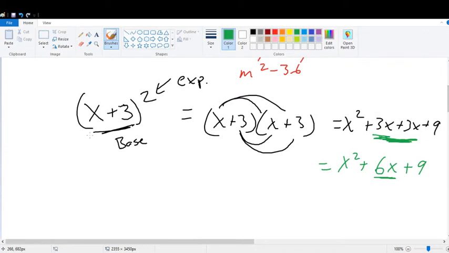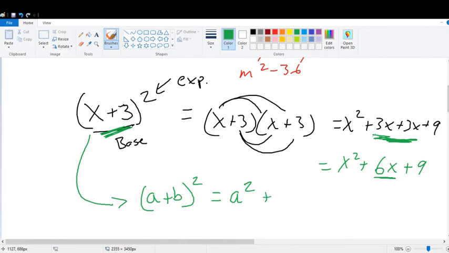So in the future, when we have something like this, let's say I have a plus b squared. This is equal to a squared plus, here I had two of them, 2 of 3x, so 2 of ab, plus 3 times 3. In this case, it's b times b, which is b squared.